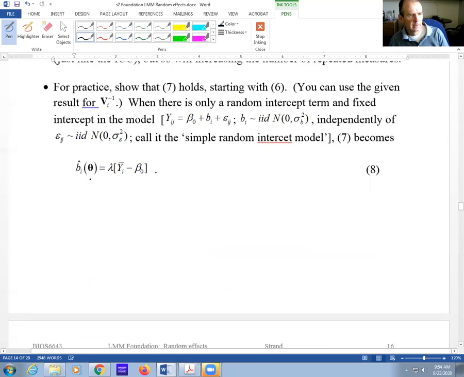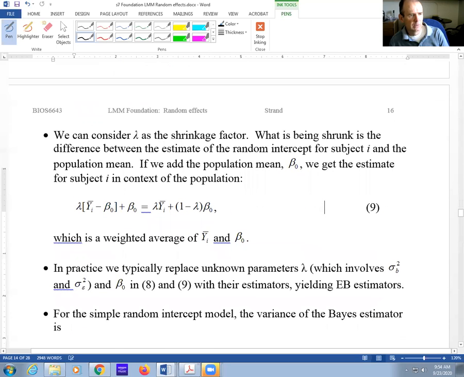And if you then add that in with the population intercept to get the predicted value, you can see that this is the same thing that I'd shown before, but a more specific example where we have the subject level data.